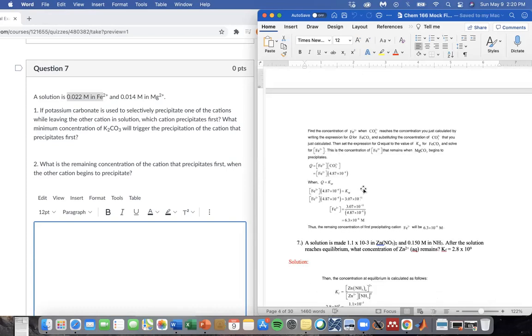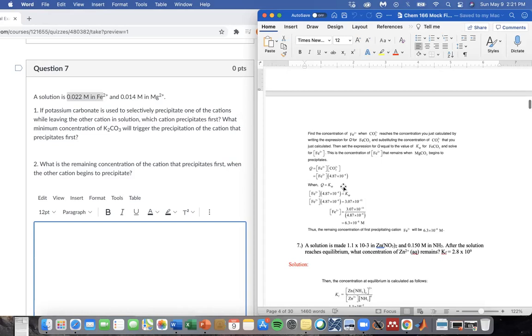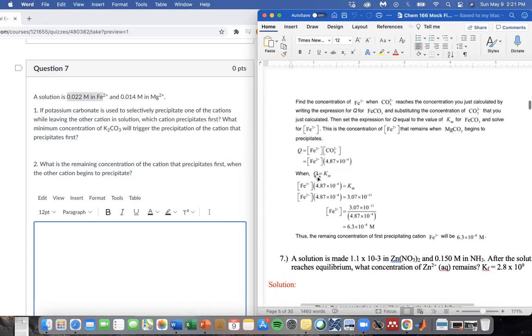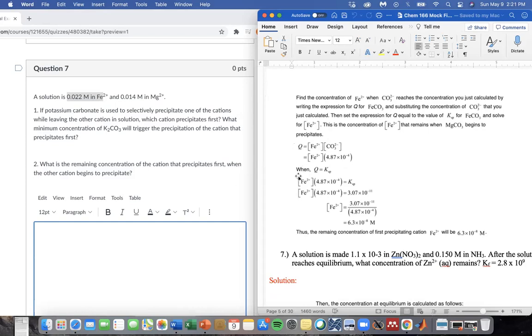So now you can go back to your KSP expression for iron and plug in the new concentration of carbonate required to make the magnesium carbonate precipitate out. Then you have your KSP value of iron. Again, you just divide your KSP by the concentration of carbonate, and you'll get a remaining concentration of iron of 6.3 times 10 to the negative 8th molar.